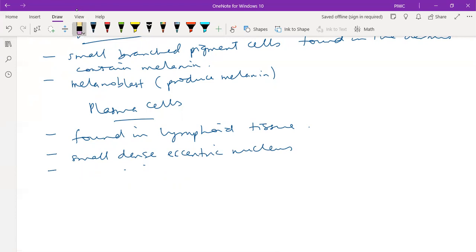That means they stain with the basic stains. And they have a lot of closely packed concentric lamellae of endoplasmic reticulum.